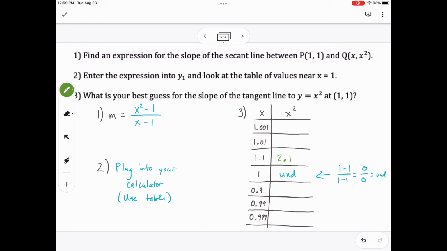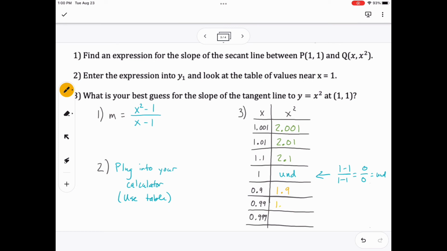When I plug this into my table, 1.1 gives 2.1, which we already talked about. But as I go closer, 1.01, 1.001, notice that all those values are getting closer and closer to 2. Going from the other side, I have 1.9, then 1.99, and for 0.999, I get 1.9999.